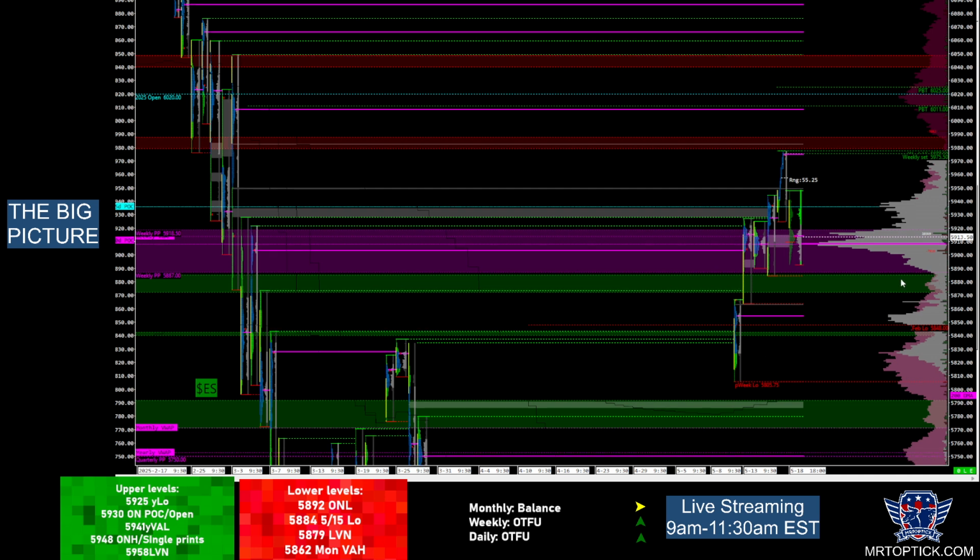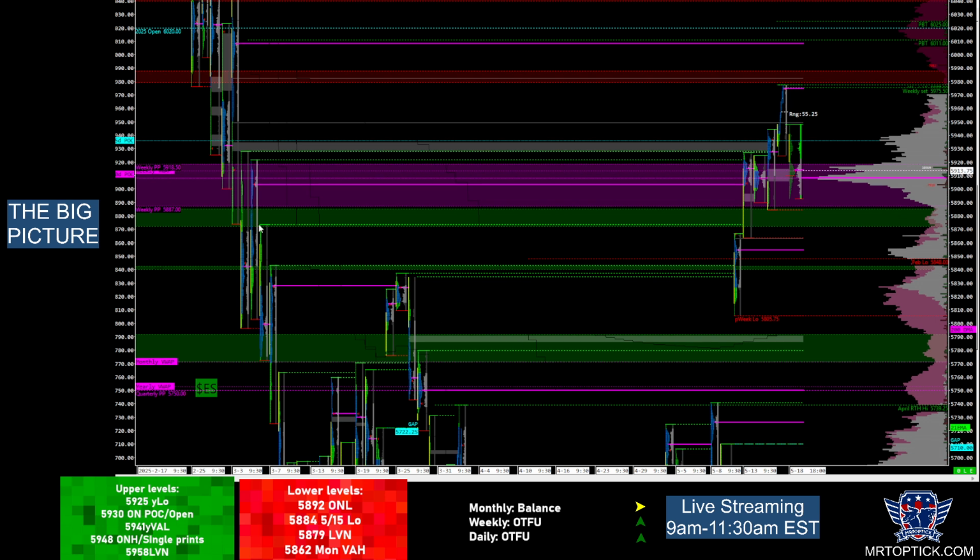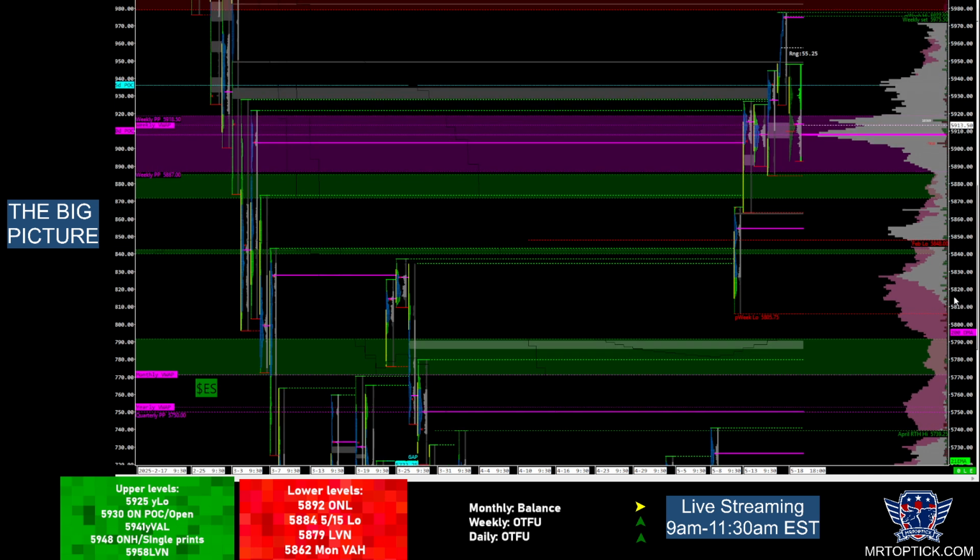So this is an area that I consider kind of like a transition. Every time we move through this area, we move pretty fast, and same here on the way back up. So maybe we come back here and then fill it a little bit this time. But we also have the gap here that's going to be a magnet. So we've got to keep all that stuff in mind.